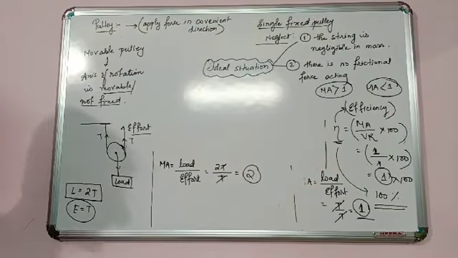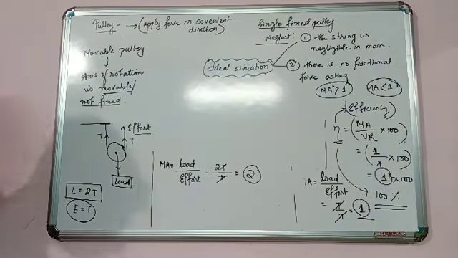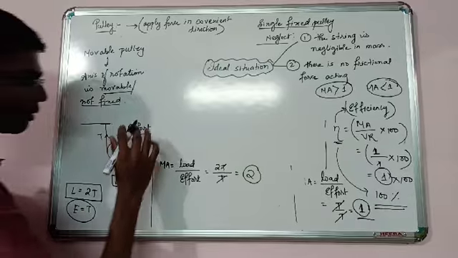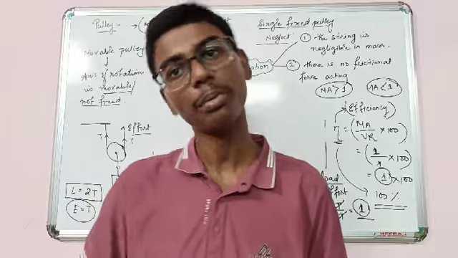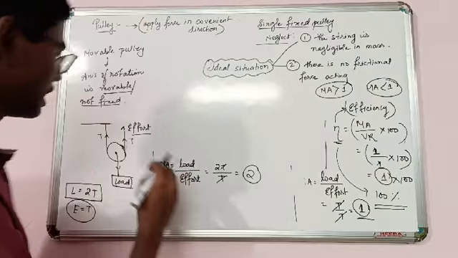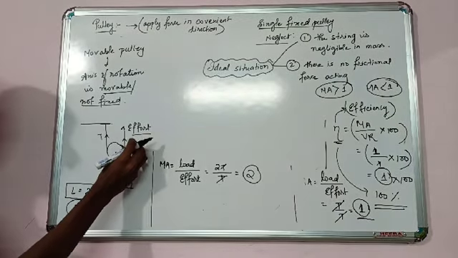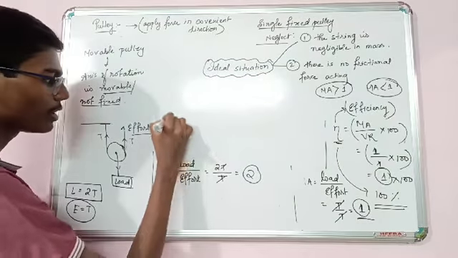Fine. After this, we have to know one very simple thing. Very simple, but if you are not trying to understand it, it becomes difficult. Suppose we are pulling the effort string and causing a displacement of d.